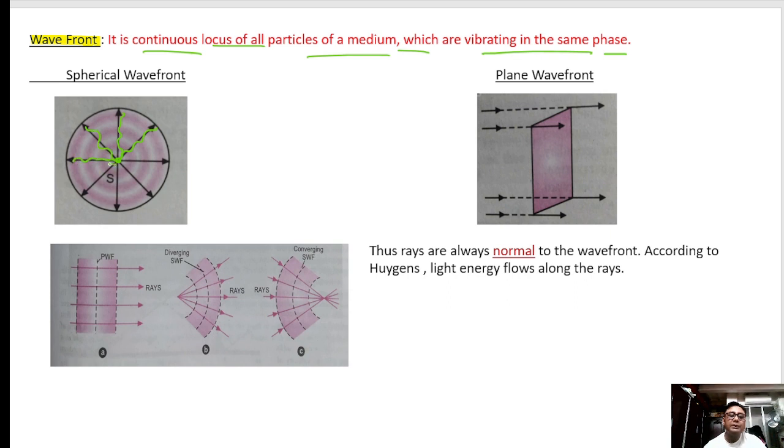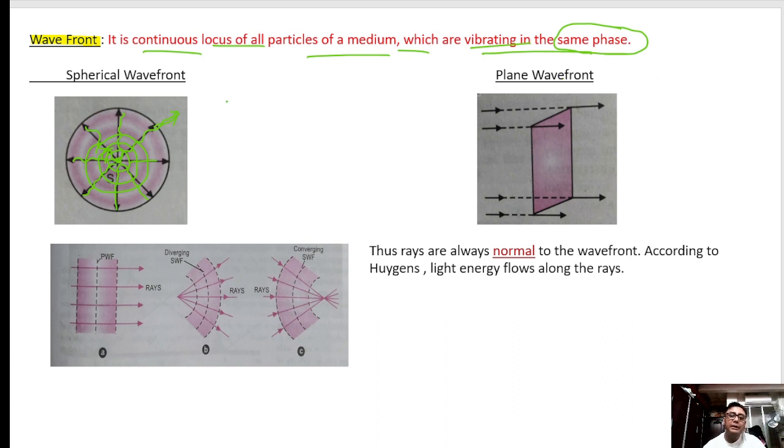Each and every progression of the wave is creating a surface which is called a wave front, and they are all in phase, meaning none of them is longer or shorter. That is called same phase. They should all be vibrating in the medium, and will produce surfaces which move out from the vibrating particle.